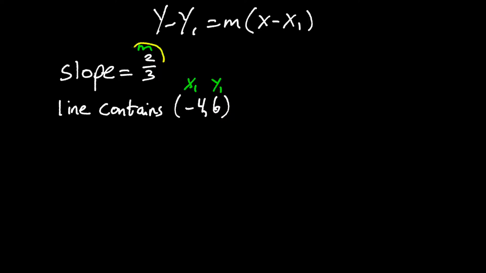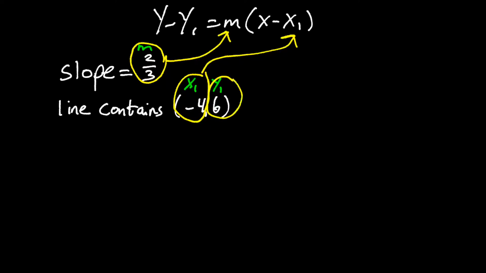Now we take our specific values that we're given and we substitute them into our equation. So instead of having y minus y1, I would have y minus 6, because 6 over here is our y coordinate, equals, instead of m, I would have 2/3, because 2/3 is our slope.